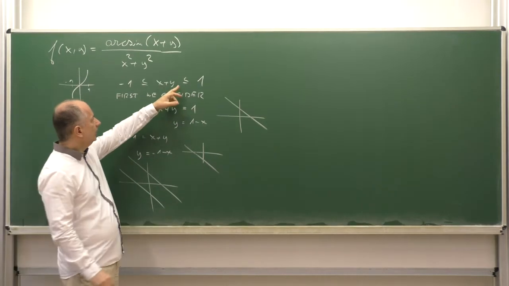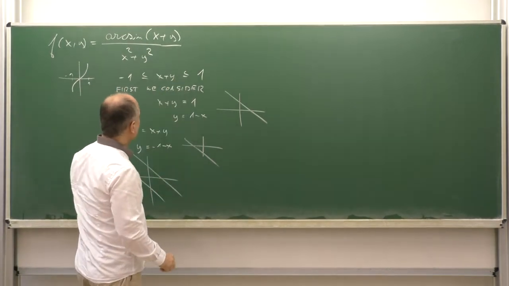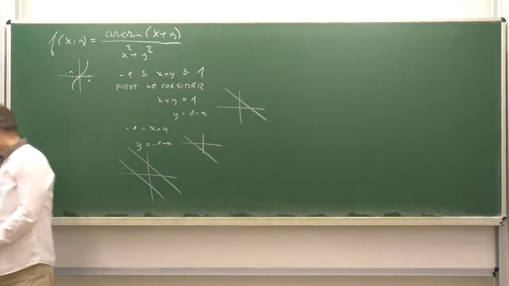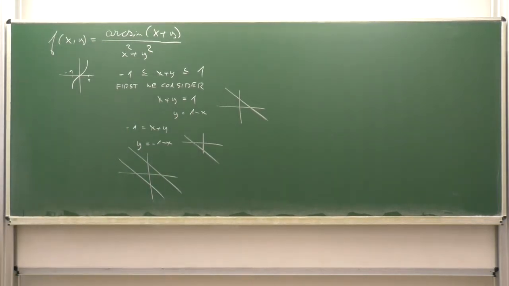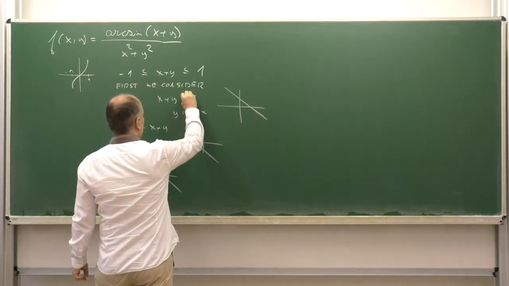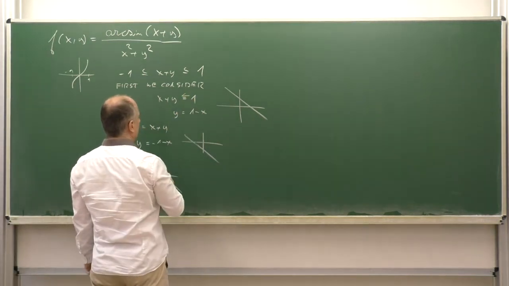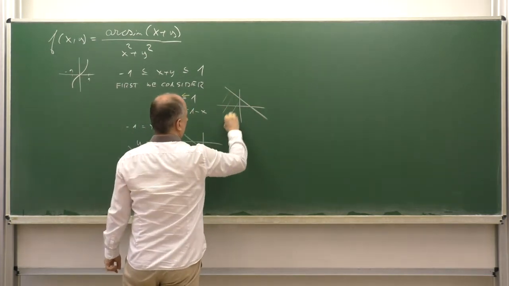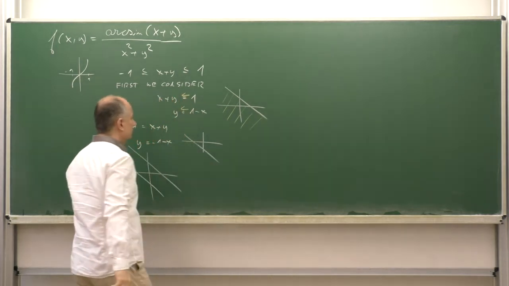And now, if we consider this being less than or equal to 1, let me take a different color. If we consider less than or equal to 1, then we are below this line.